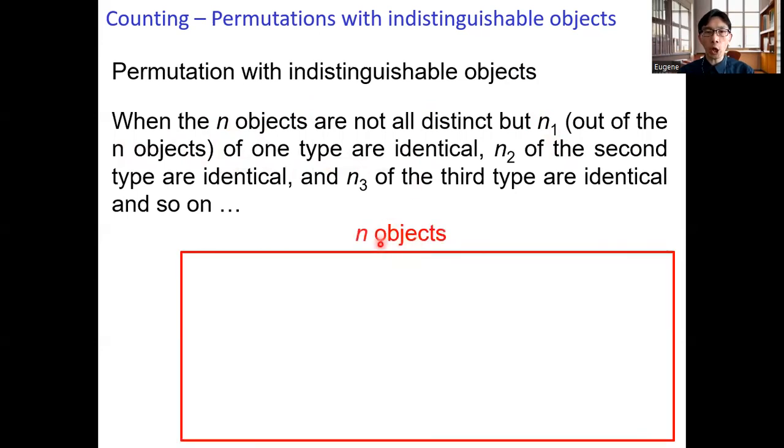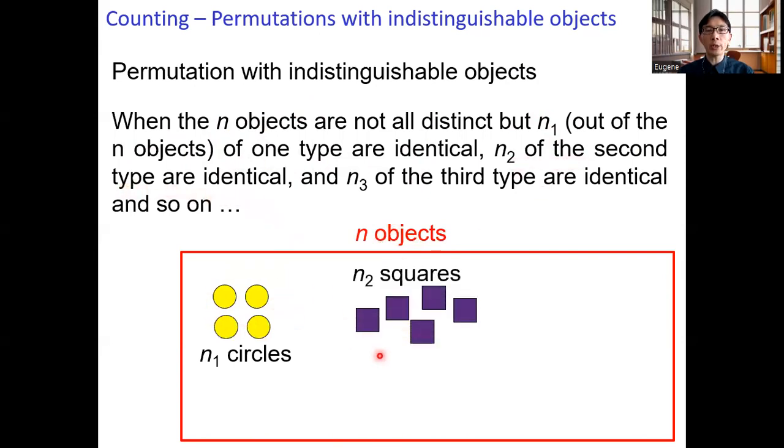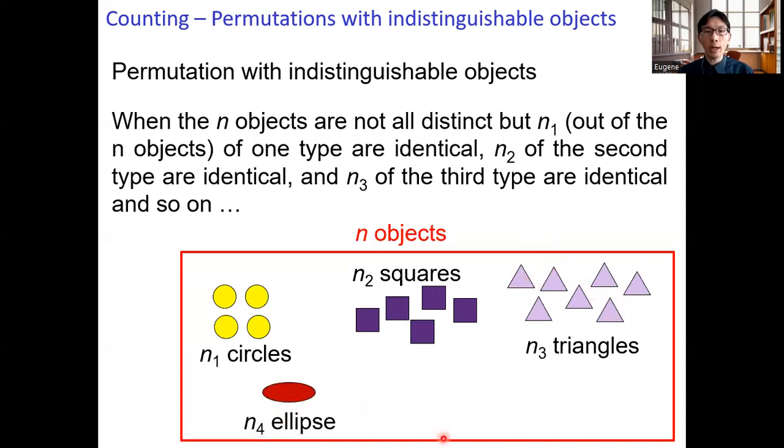For example, we have n1 circles. n2 of the second type are identical, we have n2 squares. And then n3 triangles are identical, up to n4, n5, up to nk. We have k sets of objects in the box: n1 circles, n2 squares, n3 triangles, n4 ellipses, etc.